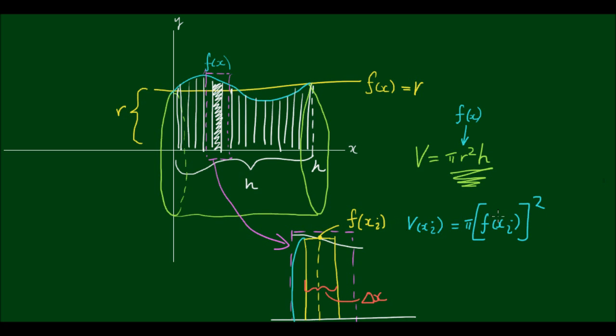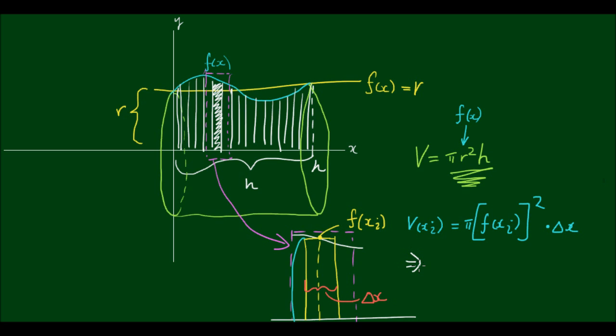So the height of the function squared times delta x. So it'll follow then that the total volume would be all of these strips, the volumes of all of these strips added together.